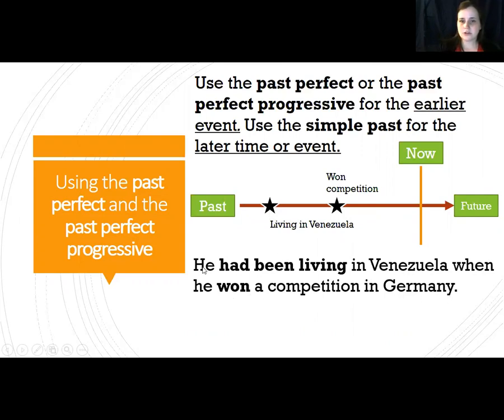So we have he had been living in Venezuela. That's a continuing action. He was living in Venezuela, but while he was living there, he won a competition in Germany. And I actually have an additional example to show you.